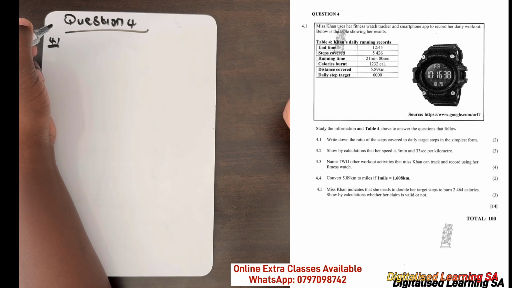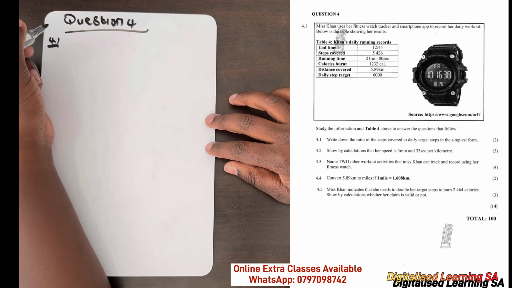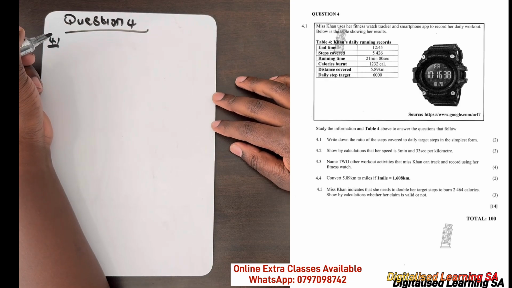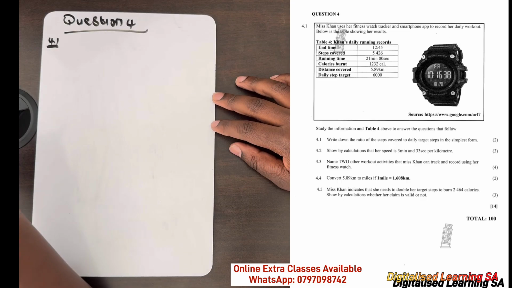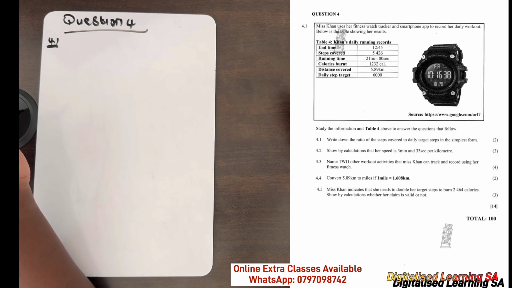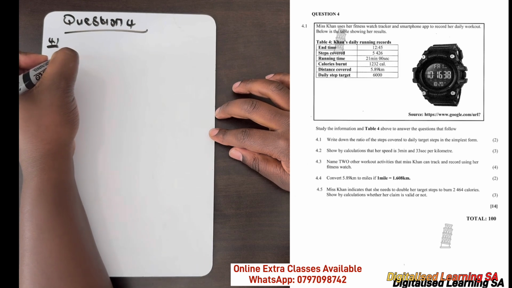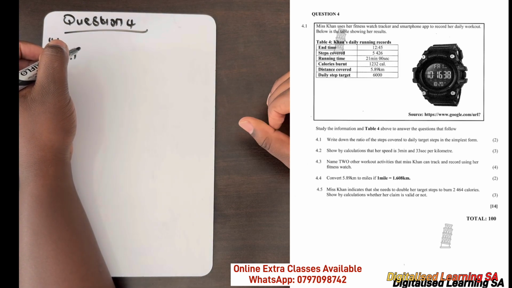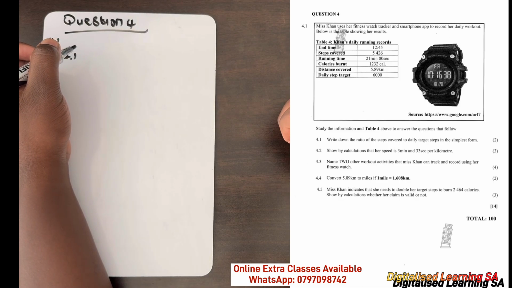The end time was 12:45, which is 1:45, and she covered 5,426 steps, and the running time was 21 minutes and 0 seconds, and calories spent was 1,220, 1,230, 1,232, and distance covered was 5.89 kilometers, and her daily step target was 6,000. Now let's go ahead and work on the first question. We are told to study the information in table 4 to answer the questions that follow.